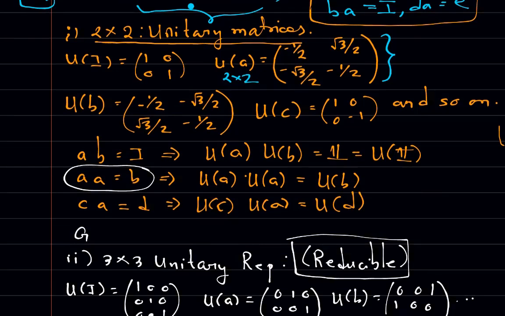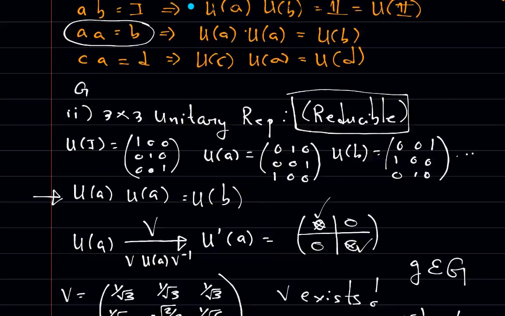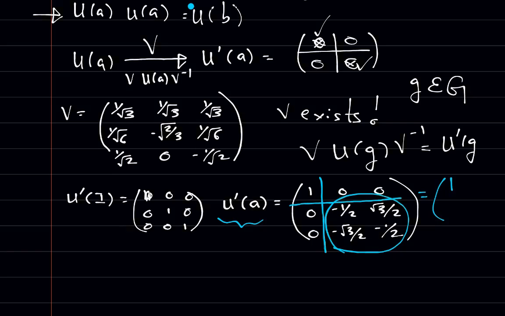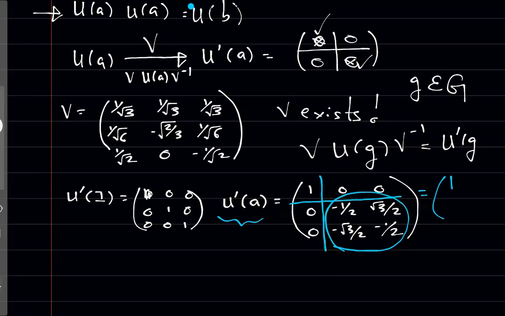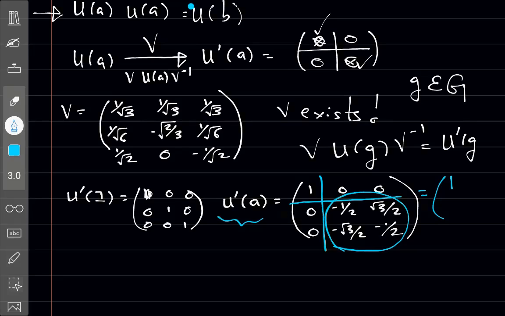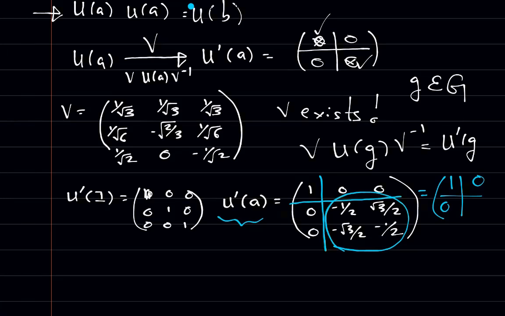So the 3 cross 3 representation turns out to be identity, 0, 0, 0, and here we have the 2 cross 2 representation of A.